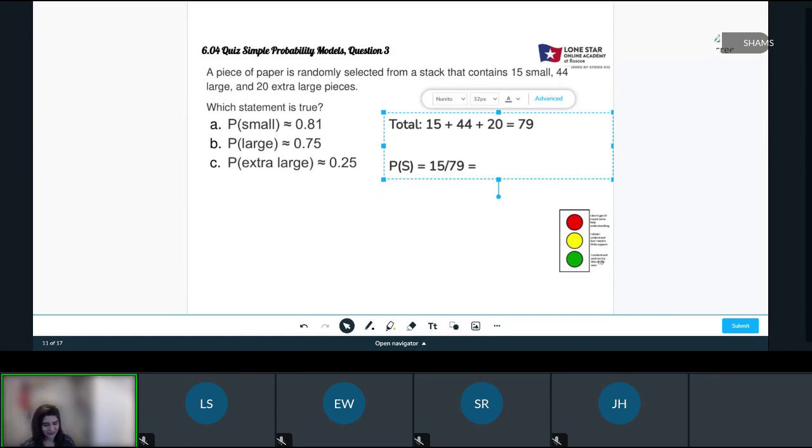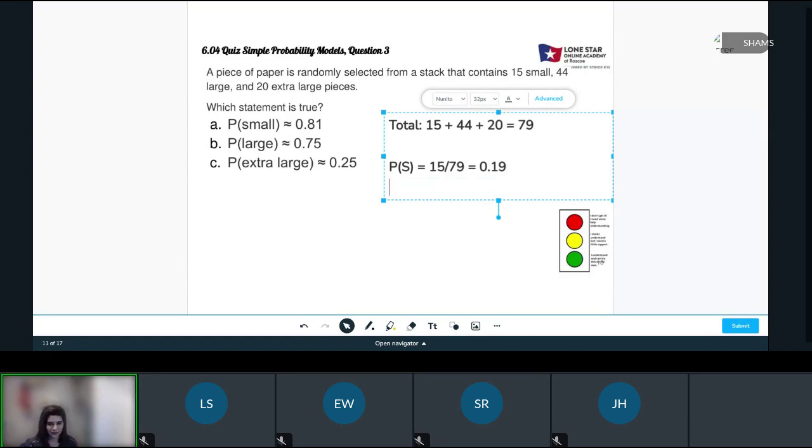Very good. 15 divided by 79, I got 0.189, or I can say 0.19. Right? Round up. And remember, this question was allowing you a calculator because the number 79 is pretty weird.